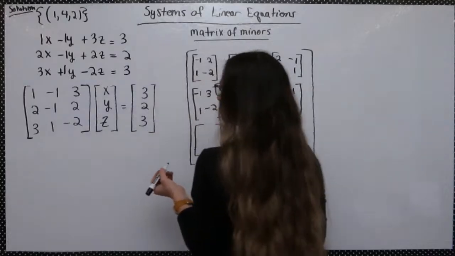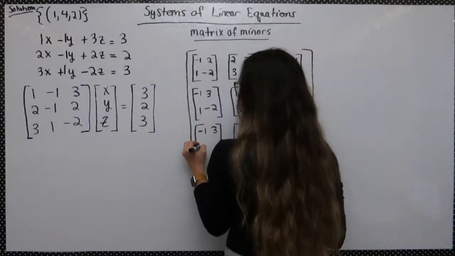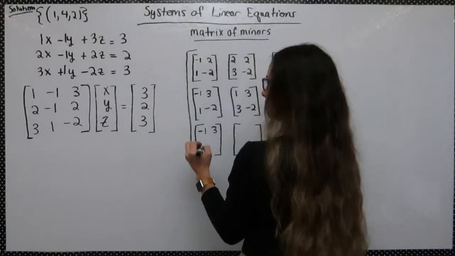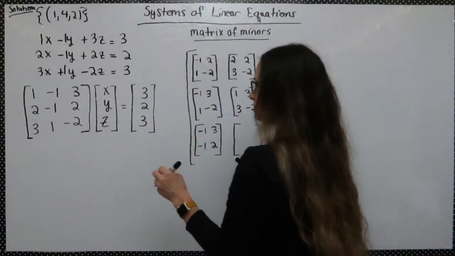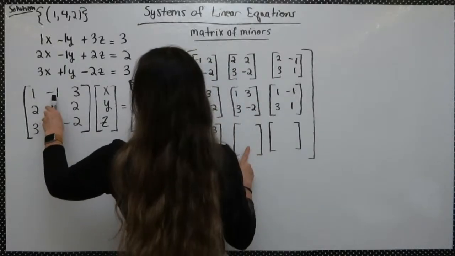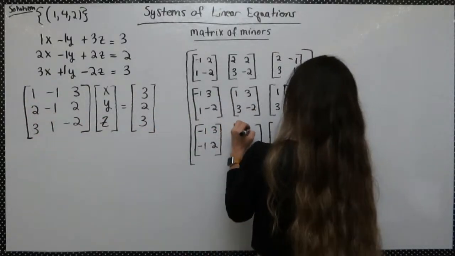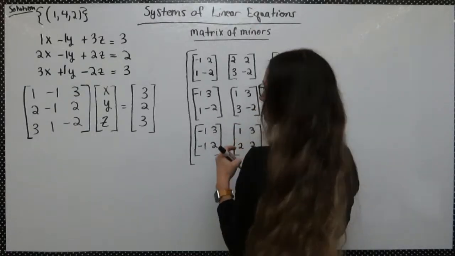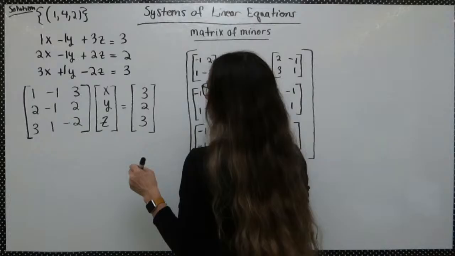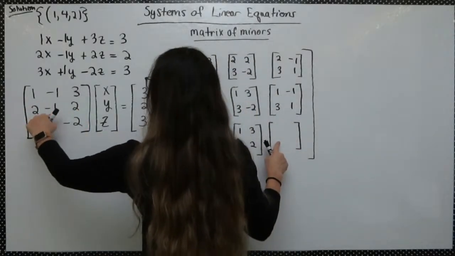So it's -1, 3, -1, 2. Then this one is going to be 1, 3, 2, 2. And then this one is going to be 1, -1, 2, -1.